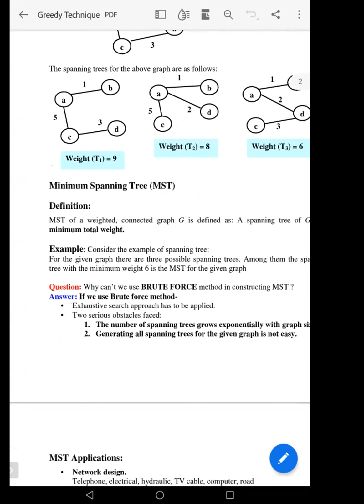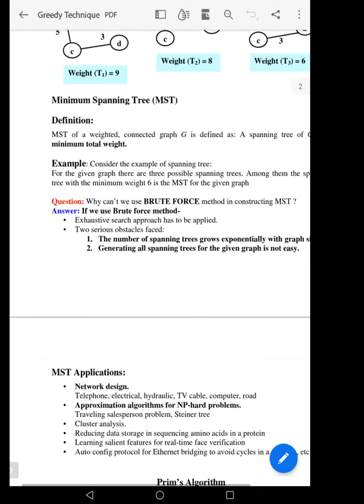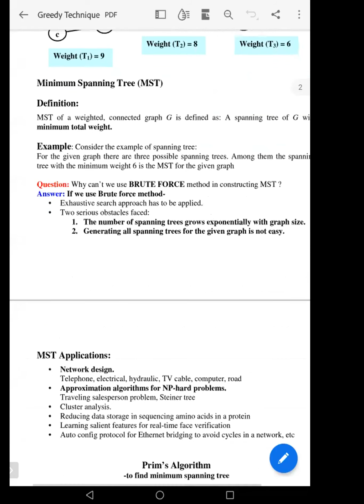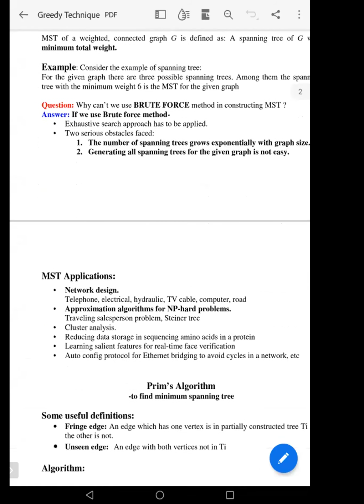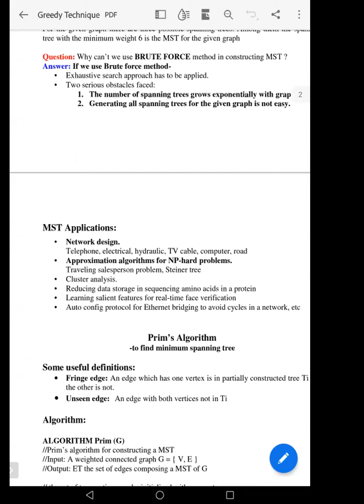Now, how do you determine the minimum spanning tree? There are 2 algorithms for determining it. First, these are the applications of the minimum spanning tree: network design like telephone, electrical, hydraulic, TV cabling, computer network.